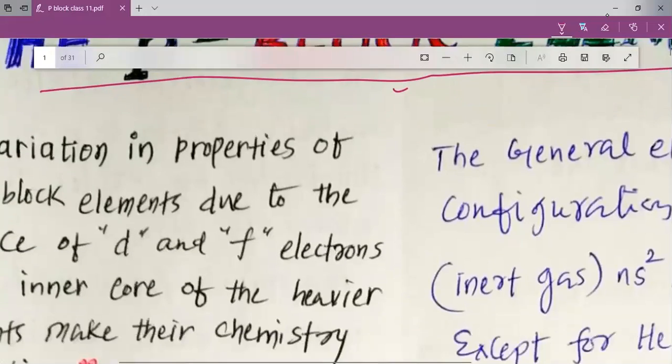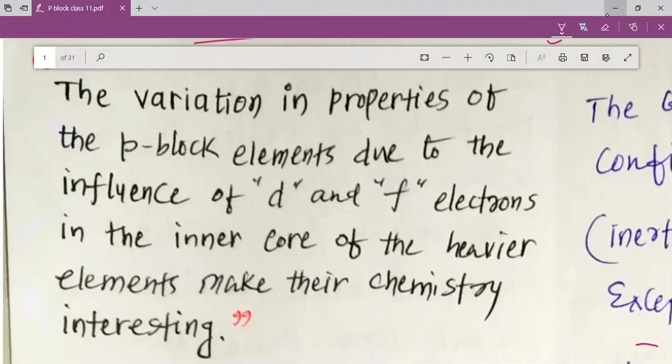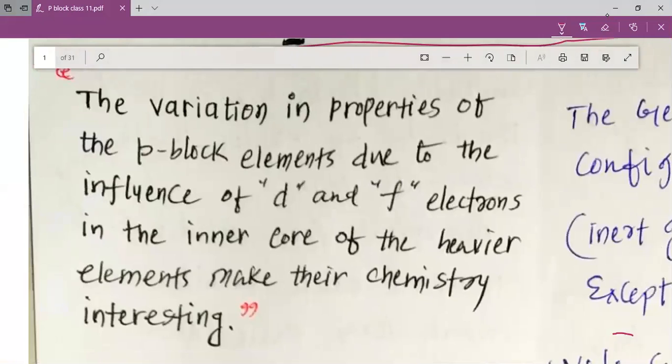Let us look at the first thing written in your textbook. The variation in properties of p block elements due to the influence of d and f electrons in the inner core of the heavier elements make their chemistry interesting.